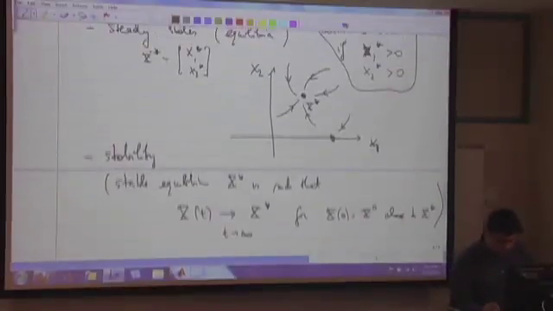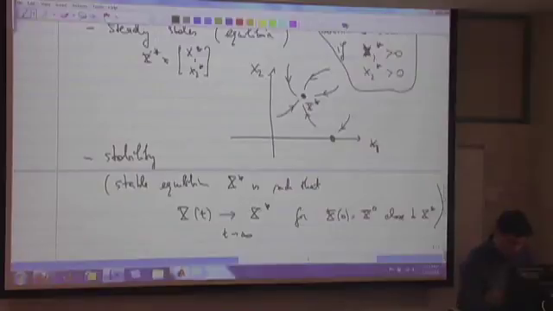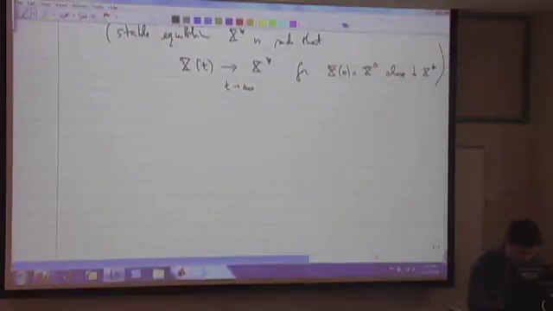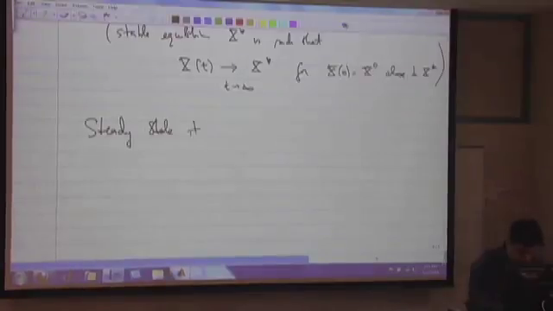All right, so let's be a little bit more specific for this coexistence equilibrium. Let's start with a steady state analysis.